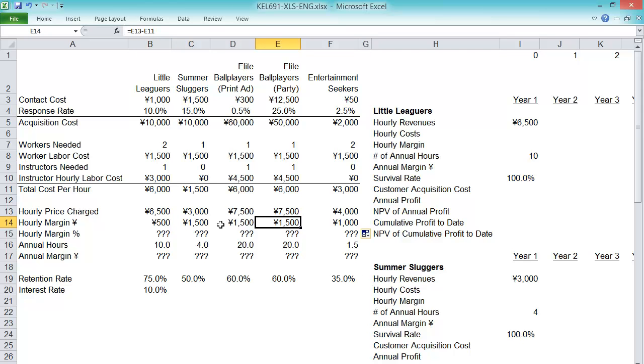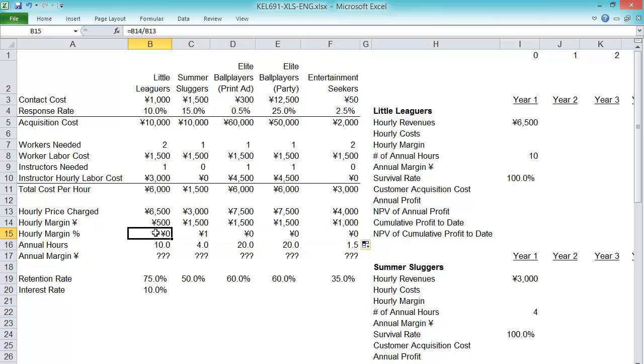And we're also looking at what's the hourly margin percentage. So we're interested in how much this 500 is making of this total price 6,500. So the percentages here are less than 10%, but right now it formats the data wrongly.